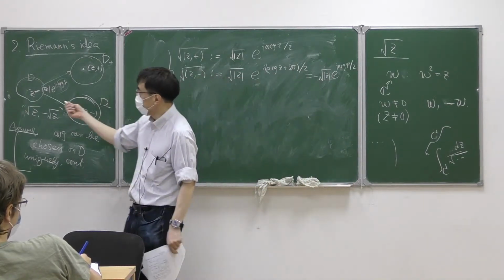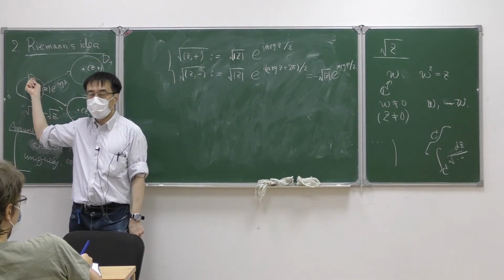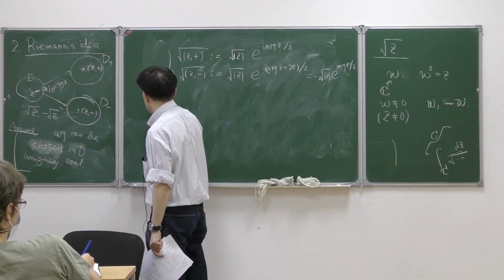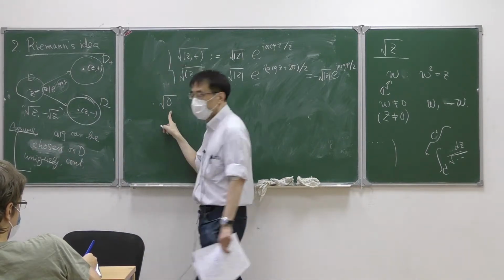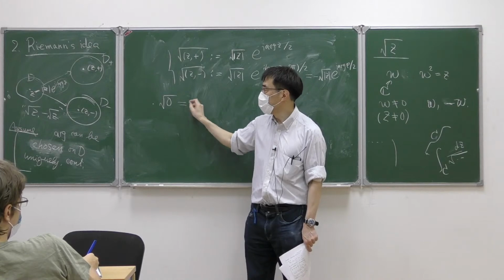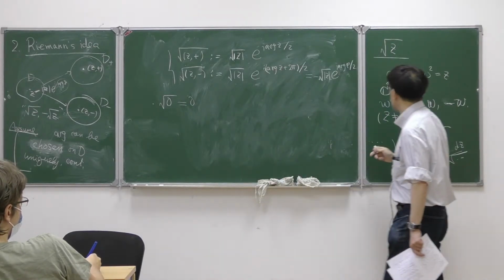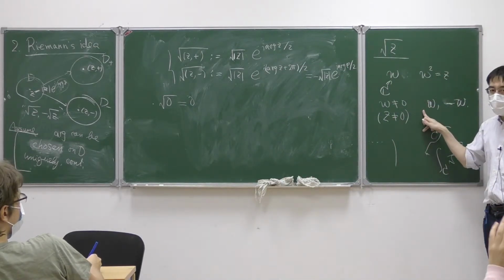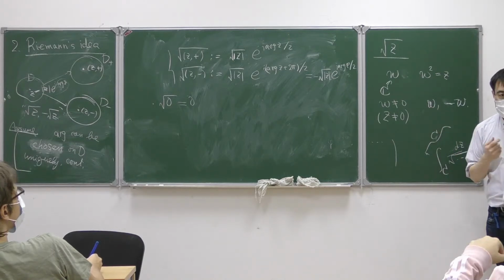Okay, if D does not contain 0, then it's okay. And of course, this is always uniquely defined because such w is only one.